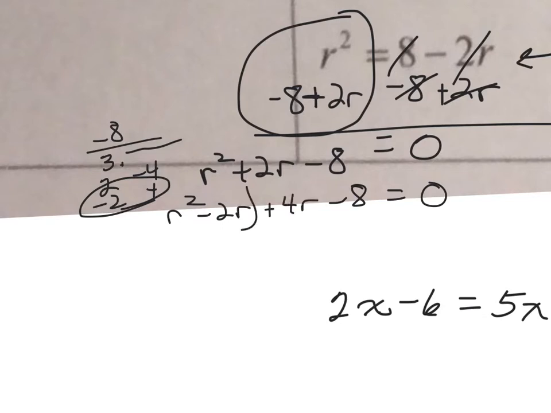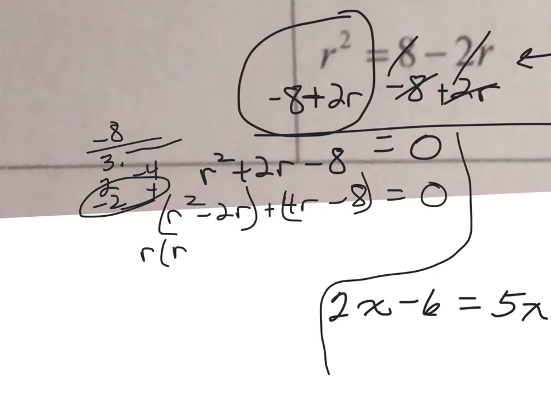And now we'll do grouping. I'll try to keep this problem separated from that other one there. It's going to be hard to do, but anyway. So out of r squared and 2r, we'll take out an r. We'll have r minus 2. Out of 4r and minus 8, we'll take out a 4.